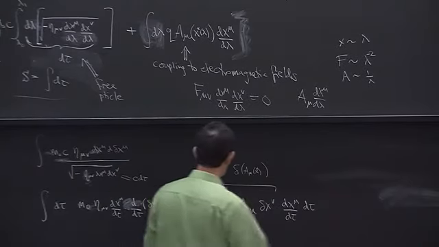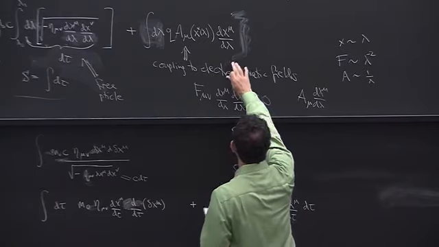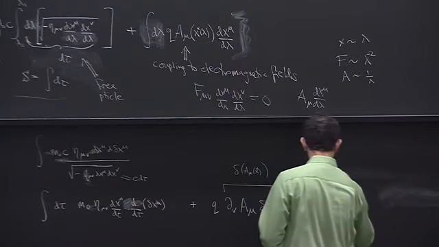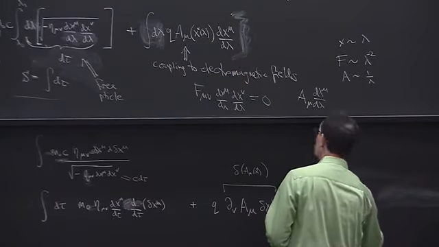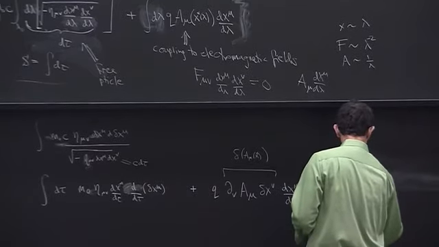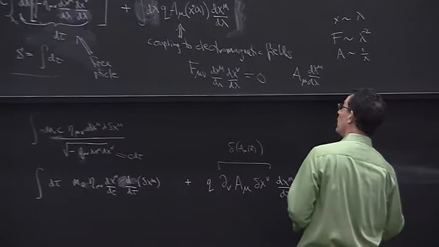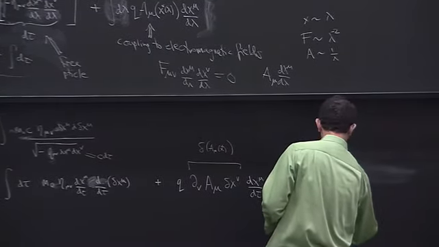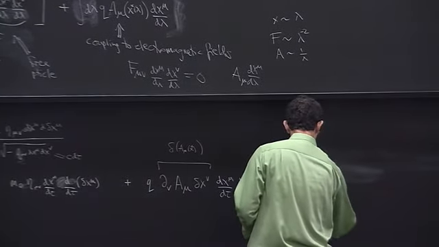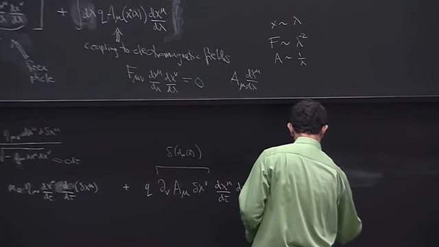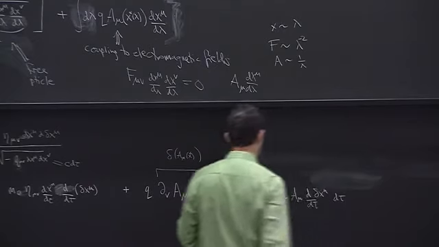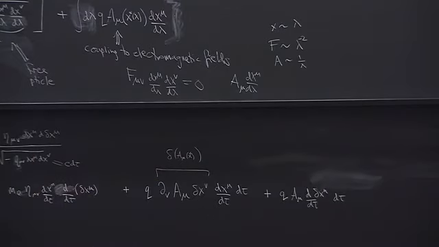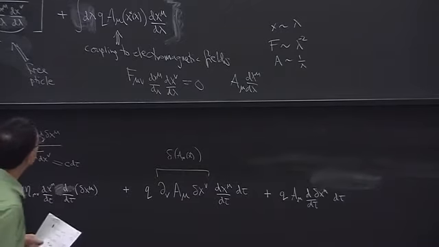Okay, so the second part of the variation, I've got to vary this guy. So I write plus q A mu d by d tau delta x mu d tau. Sorry?